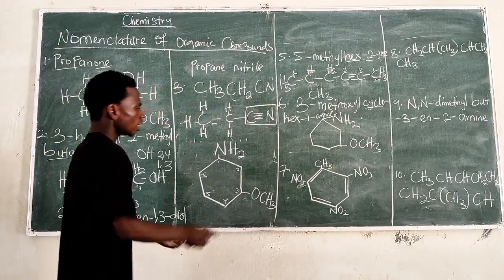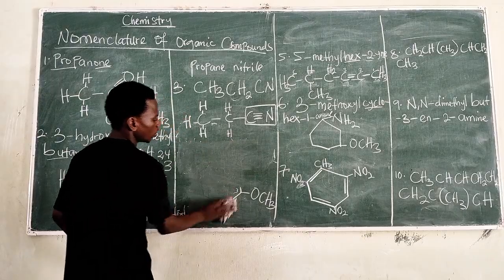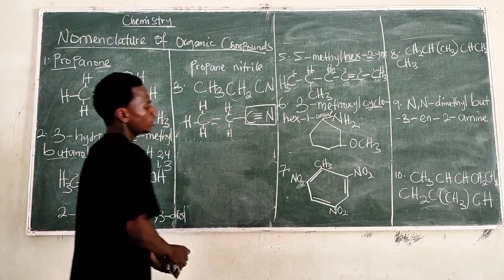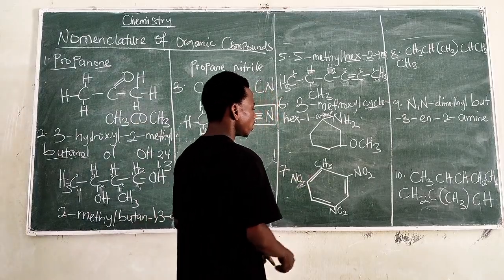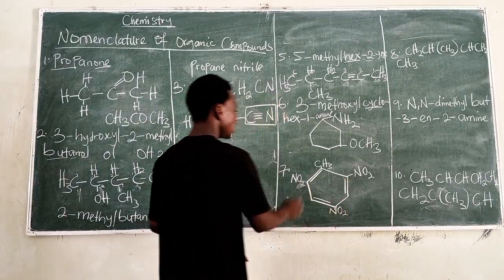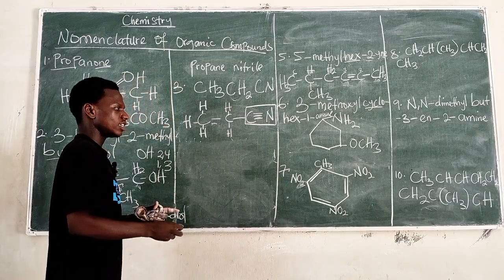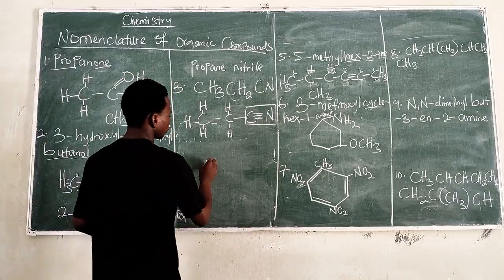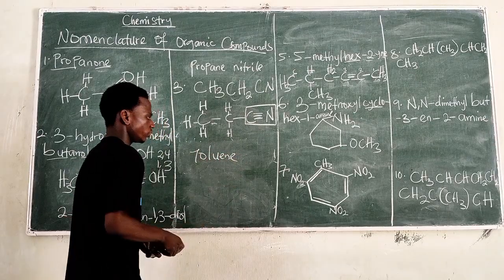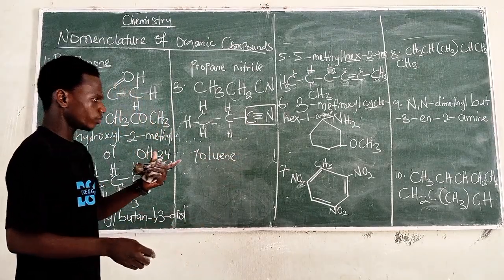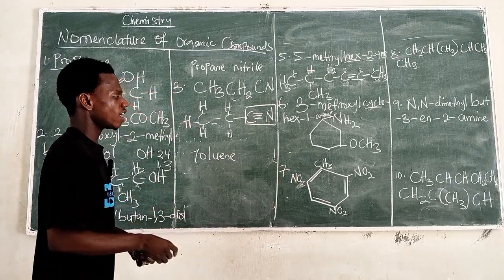So now we are on number 7. We have a benzene bonded to a CH3 and then bonded to 3 NO2. When you have a benzene bonding to CH3, you are going to have a toluene.